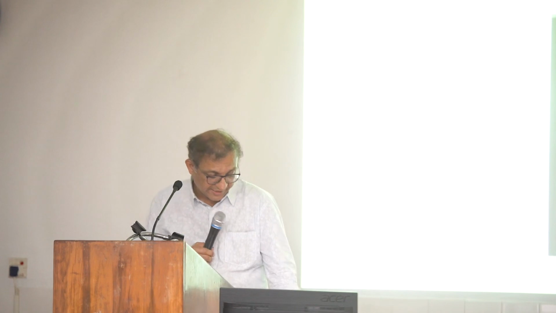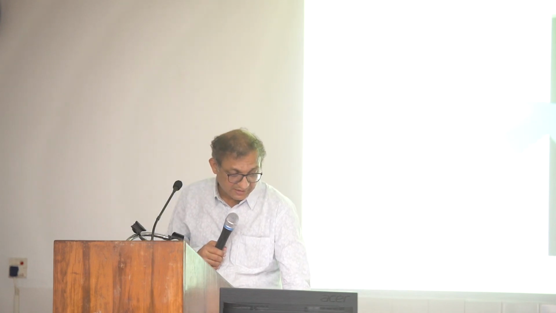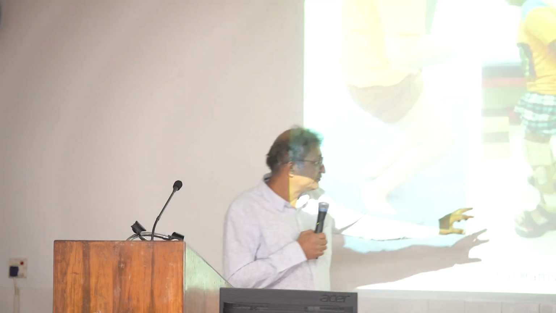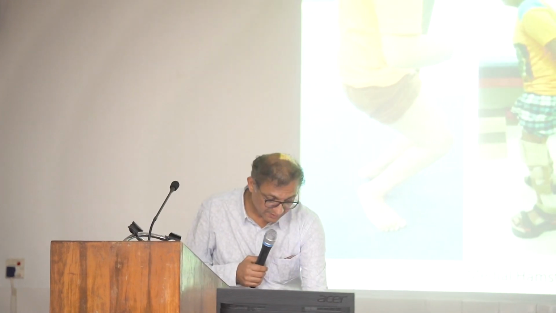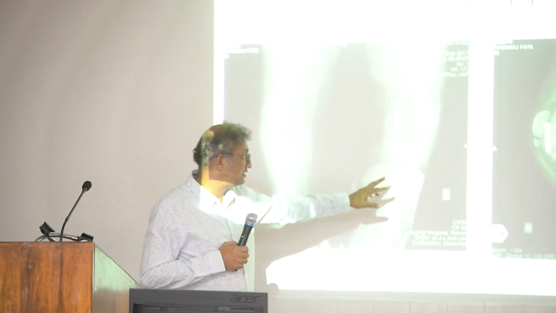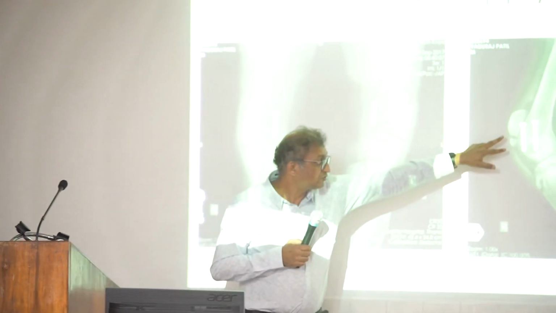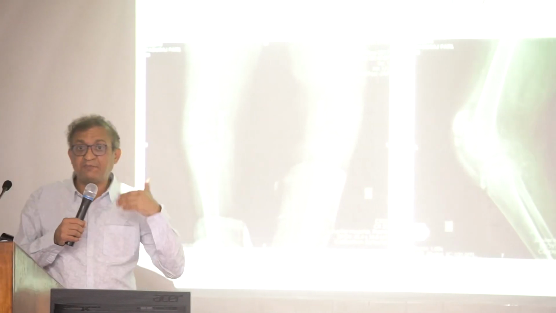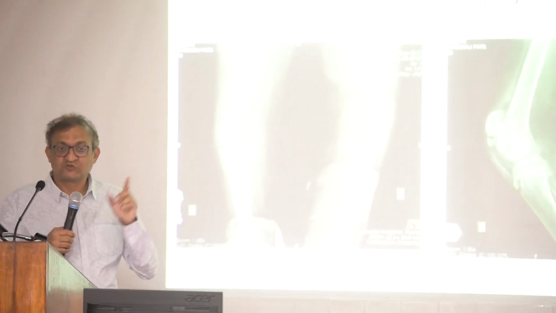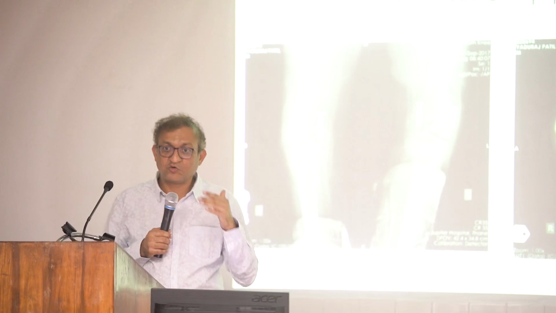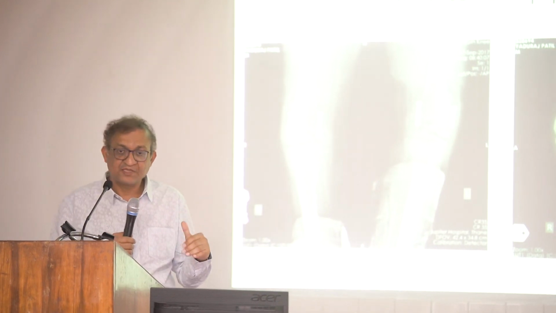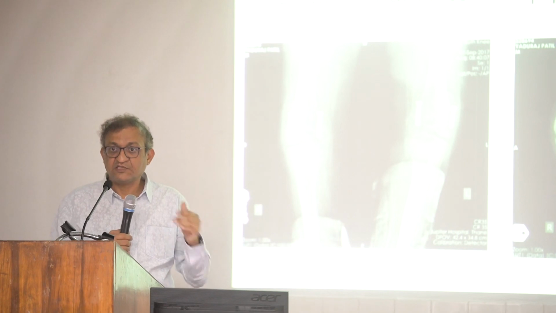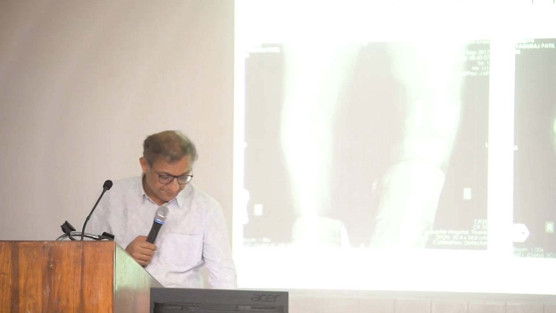In a growing child, this can be corrected by stopping the growth of the lower femur from the front. So we put these screws to stop the growth of the lower femur from the front, and allow the lower femur to grow from behind. So differential growth would correct the knee flexion deformity, and at the same time we did hamstring lengthening to improve the length of the hamstring.